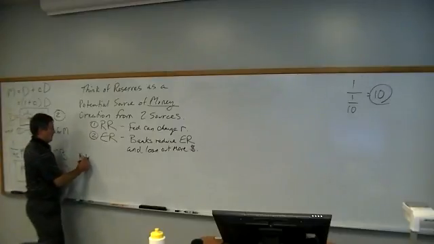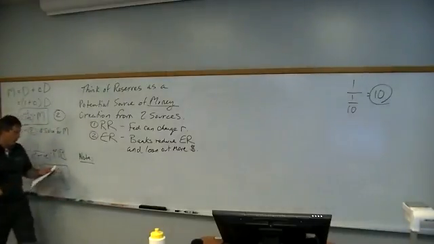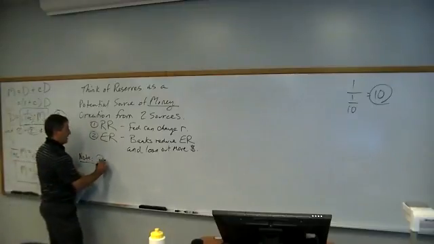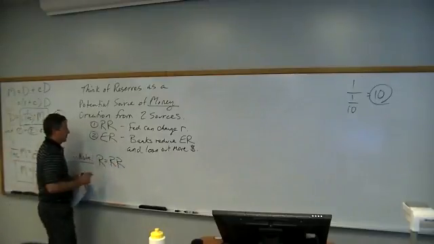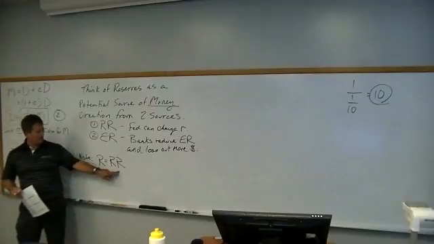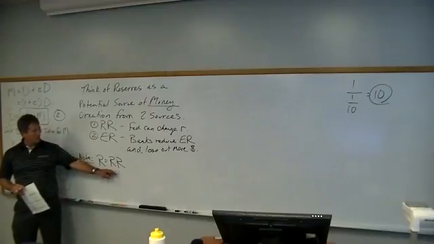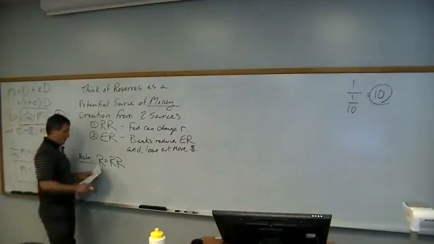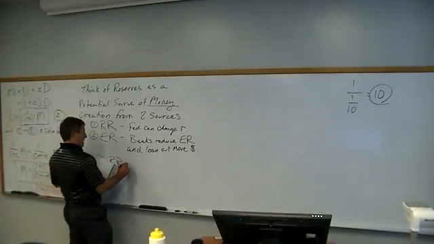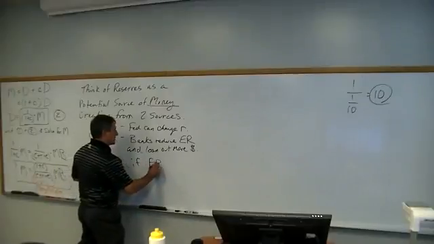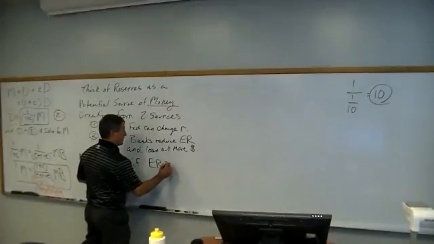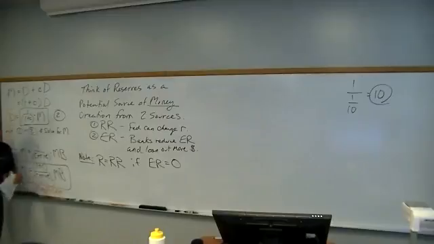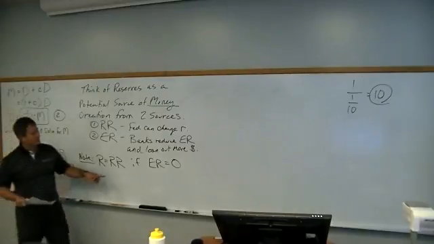So if the amount of reserves in the system equals the required reserves, if excess reserves equal 0, which was one of our equations before, the bank's not holding on to any money.